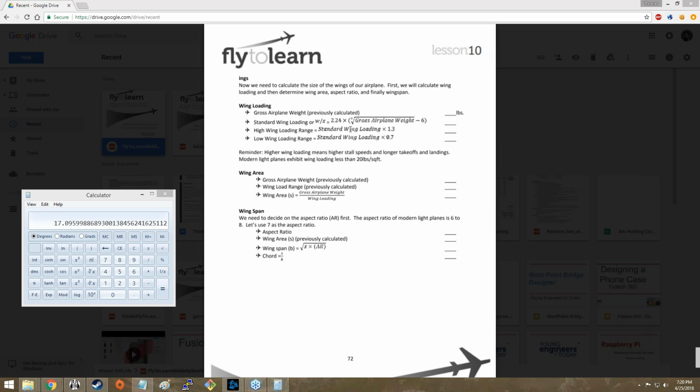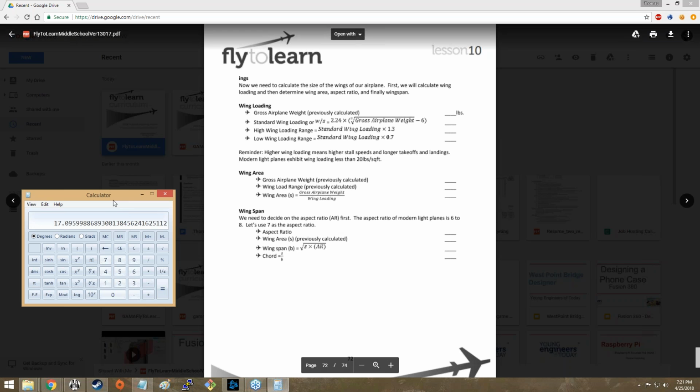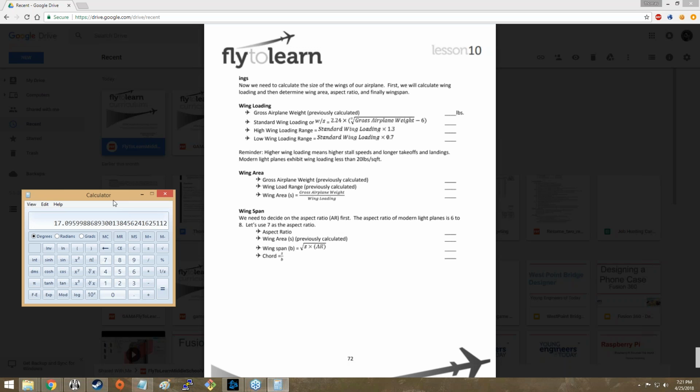So the high wing loading range is going to be standard wing loading times 1.3. Now, this is going to give us basically the maximum that we can stress the wings. This is the highest safe wing loading.